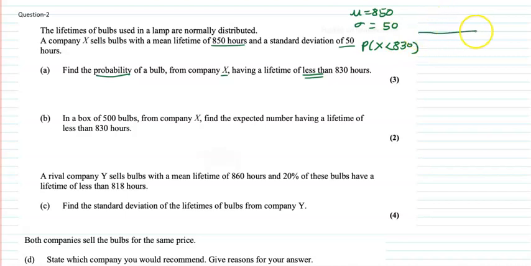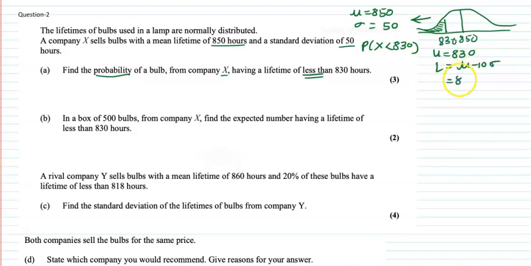Okay, so if we draw a diagram, it will look like this. This is our 850, and 830 will be here. It means we need to find this region, so this will be your upper value. Upper value is 830, and lower value we can take 10 standard deviations down, so it should be mu minus 10 sigma, so 850 minus 10 times 50, which is 500.